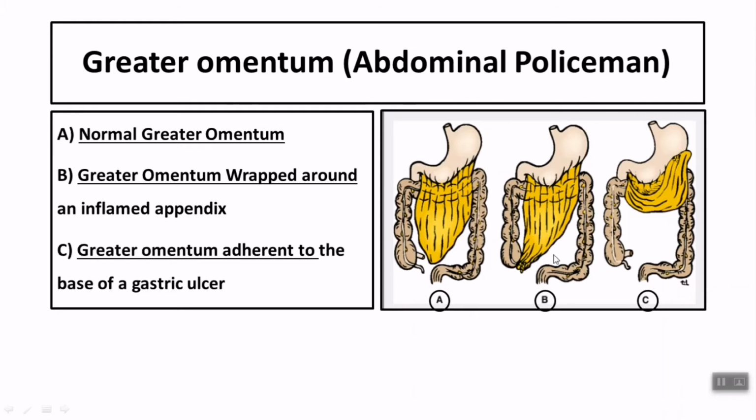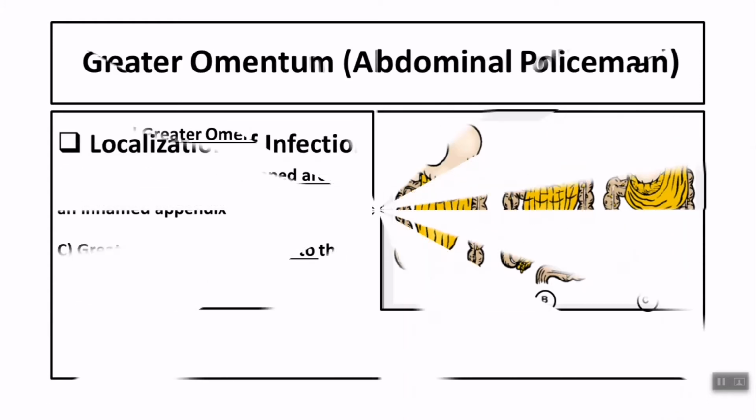While in C, the greater omentum is folded upward toward the stomach and it's adherent to the base of a gastric ulcer. The greater omentum has the ability to be adherent to the base of the gastric ulcer and it will seal it. So it is called the abdominal policeman.